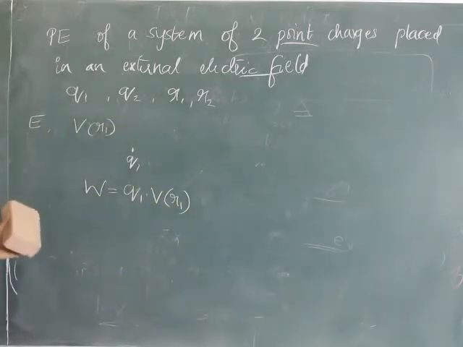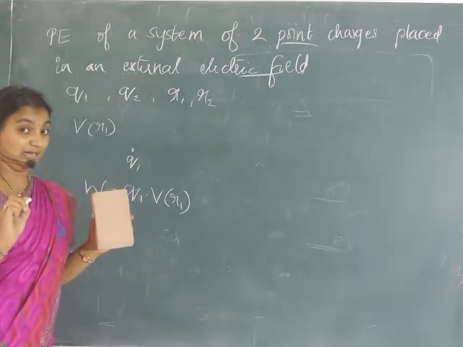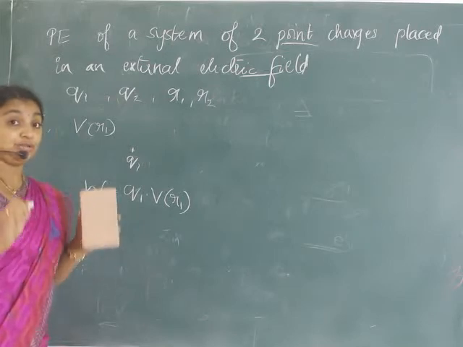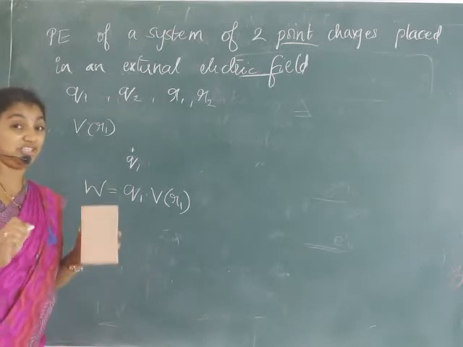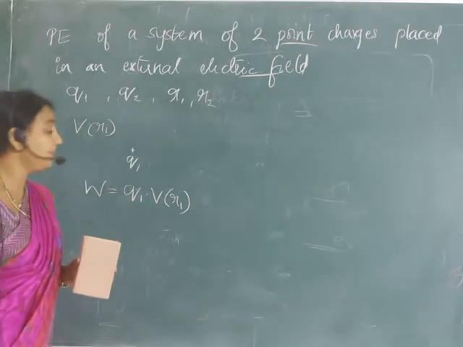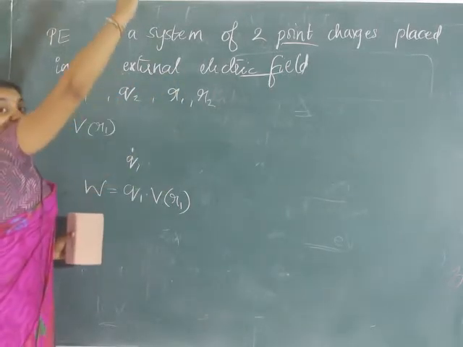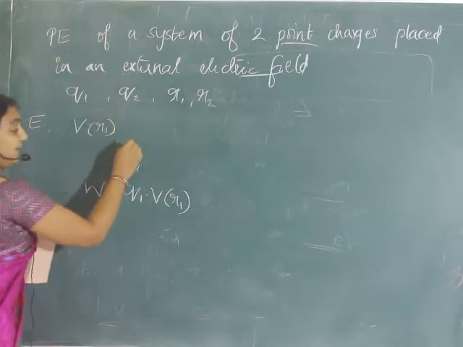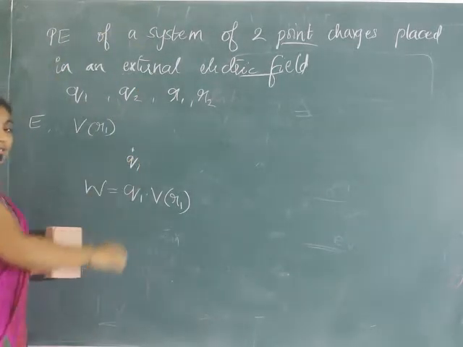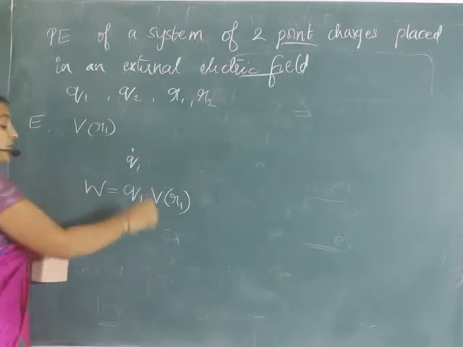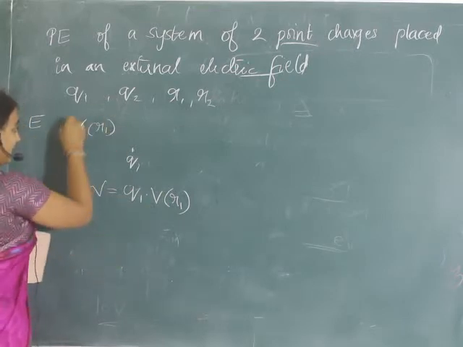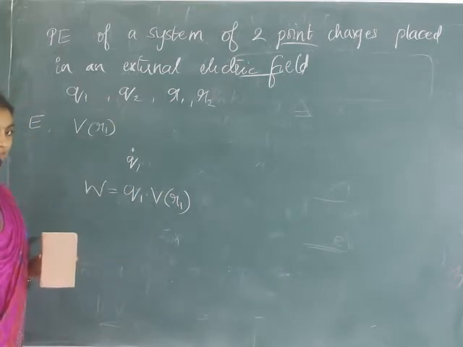Earlier there was no electric field; in this case, there is an external electric field E. I am bringing a charge Q1 from infinity and placing it at the point R1, so the work done is charge into potential at that point, V of R1.